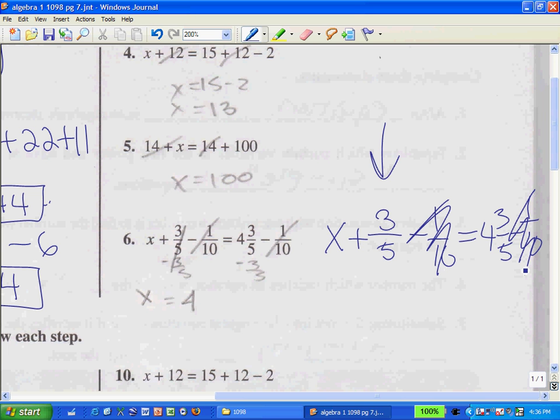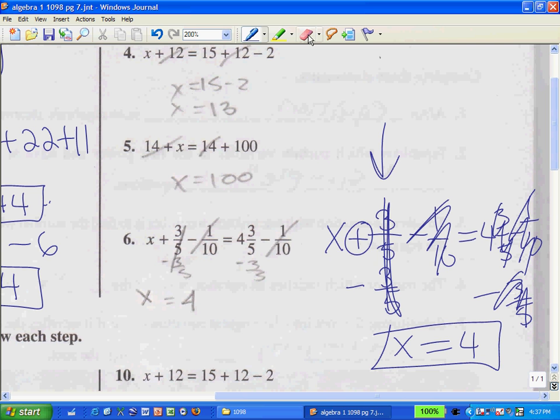A negative 1 over 10, negative 1 over 10, I can get rid of them because they're the same. And then what I have left is a positive 3 over 5. Since it's positive, I'm going to use the inverse operation, a negative 3 over 5, to get rid of it. Boom. 3 over 5, negative 3 over 5 equals 0. So what I have is x equals 4.